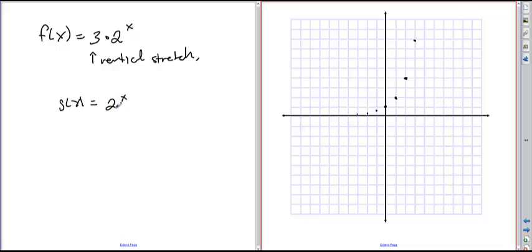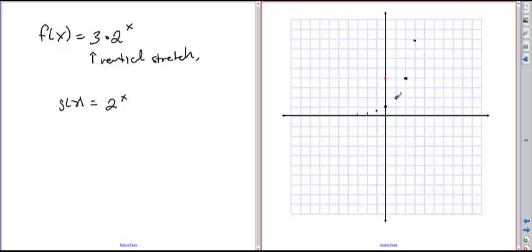Now all this is going to do is stretch it vertically. If you had x equals 0, instead of 2 to the 0, which is 1, you'd have 3. So instead of 1, you just multiply this y value times 3. 1, 2, 3. So there's that.